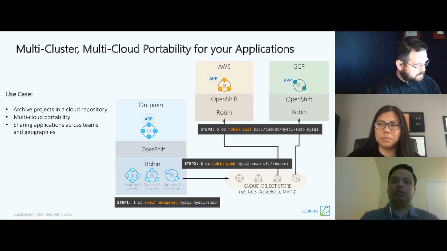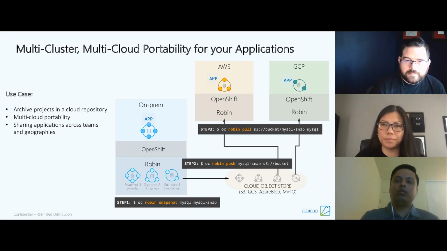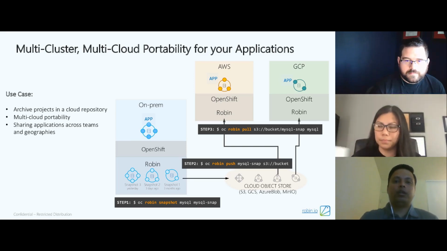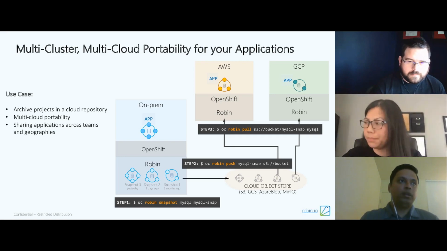So on the screen, you're seeing the 3 OpenShift deployments, one each on-prem, AWS, and GCP. And across all of these, you can create a common backup and archival repository. Now, when you create a backup and push your application to this repository, it will be basically stored in a completely full application mode.